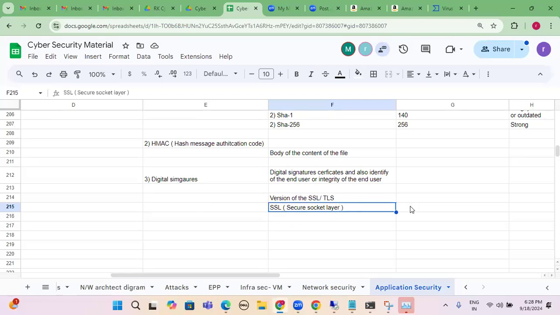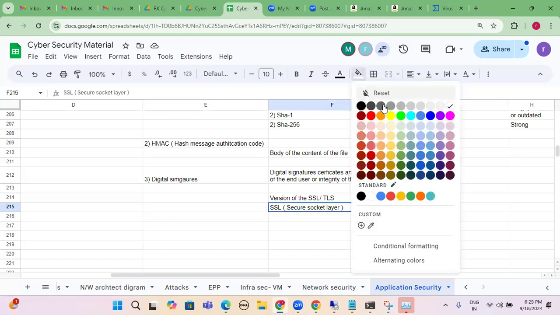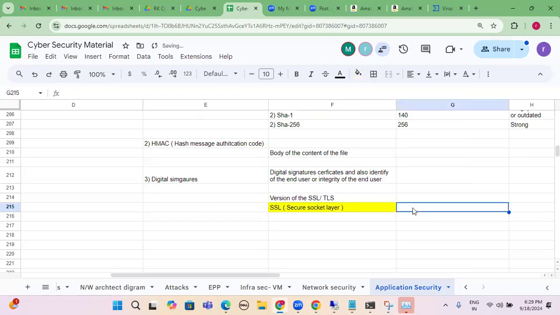Secure Socket Layer has 3 different versions under SSL. The first is SSL 1.0, the second is SSL 2.0, and the third is SSL 3.0.